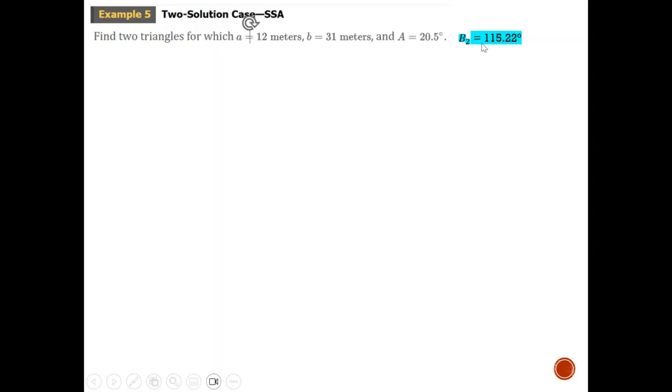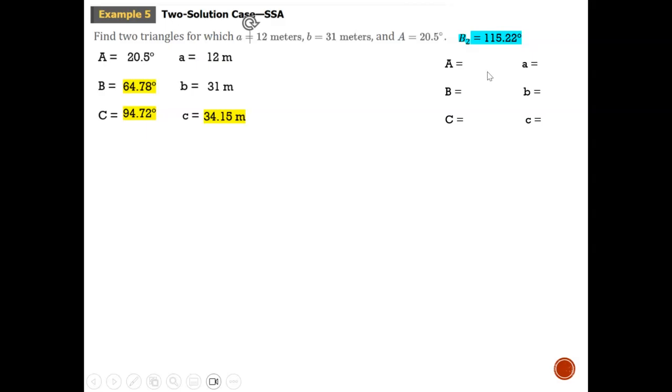Okay, so now, guys, B2 was 115.22. This was everything for the first triangle that we just solved. Now we got the second one. Let's extract all the info. A is 20.5. B is 115.22. Let me show you.